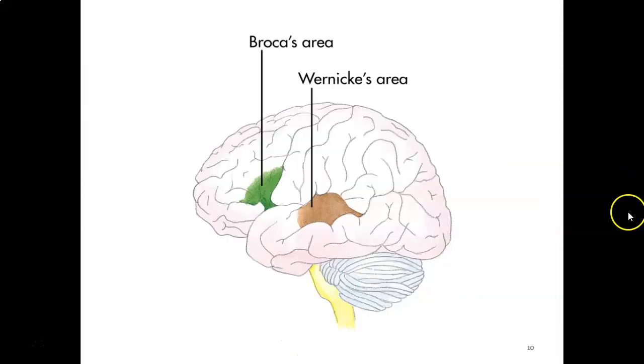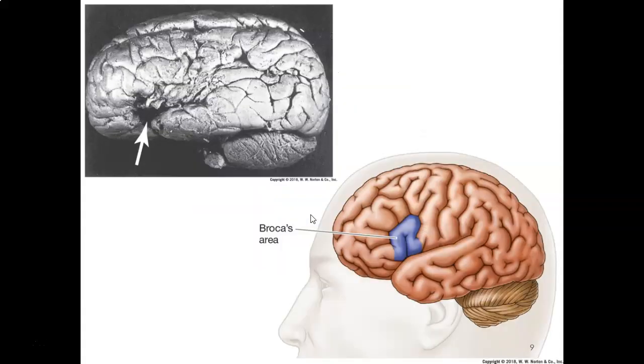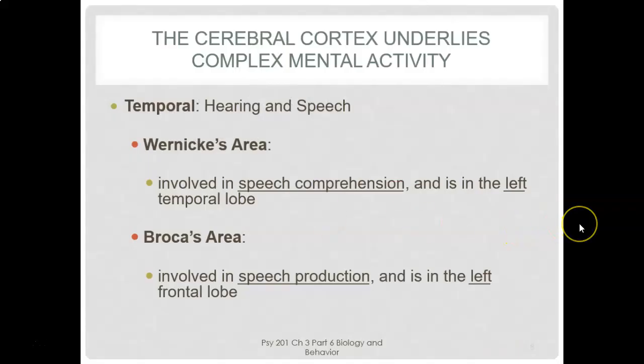I believe here we've got Wernicke's area, and it's on the left temporal lobe. It is only on the left temporal lobe. In order for you to understand what someone is saying to you, the words and the sentences that I'm saying, your left temporal lobe is critical, specifically Wernicke's area.